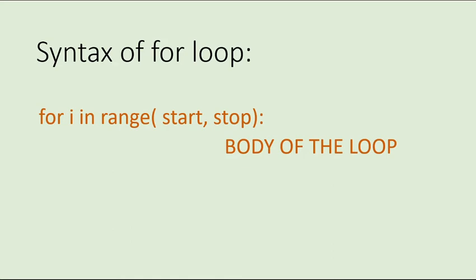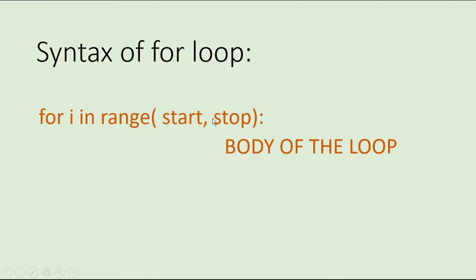The standard syntax of a for loop is written as for I in range, start, stop, and then a colon, and after that the body of the loop is written. That means when the value of I is at the starting position, it will initially check whether it has reached the stop position or not.